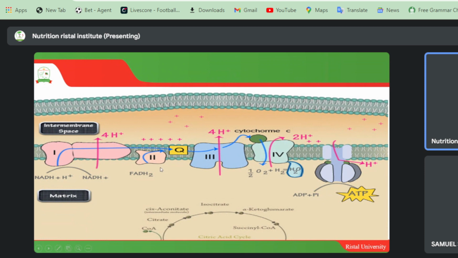On the left hand side, you see here that deep inside is the matrix, and right up there is the intermembrane space, and this is the mitochondrial membrane, which is composed of a series of protein molecules. These pink ones are where you're seeing 1, 2, and then also this blue is 3, then 4. These are complexes.